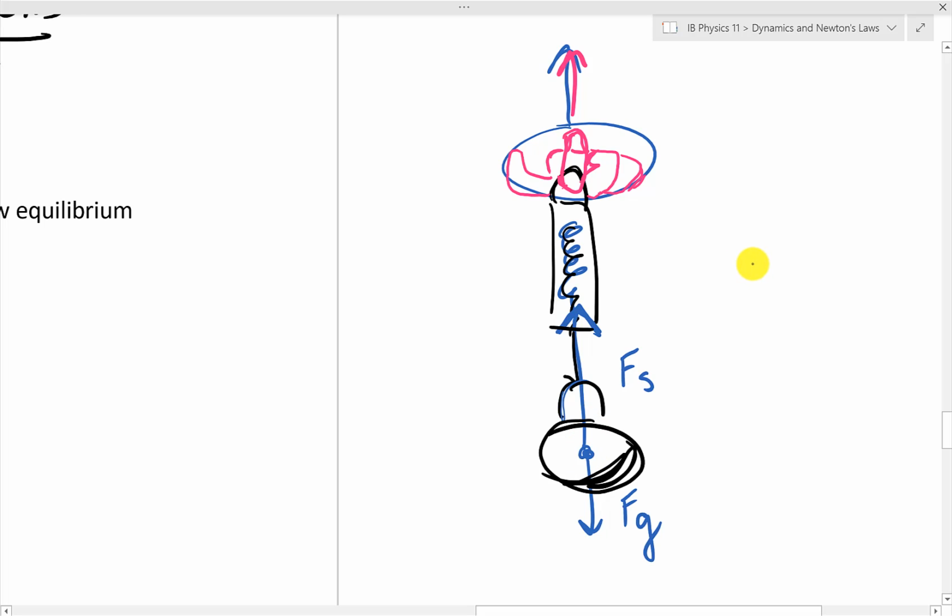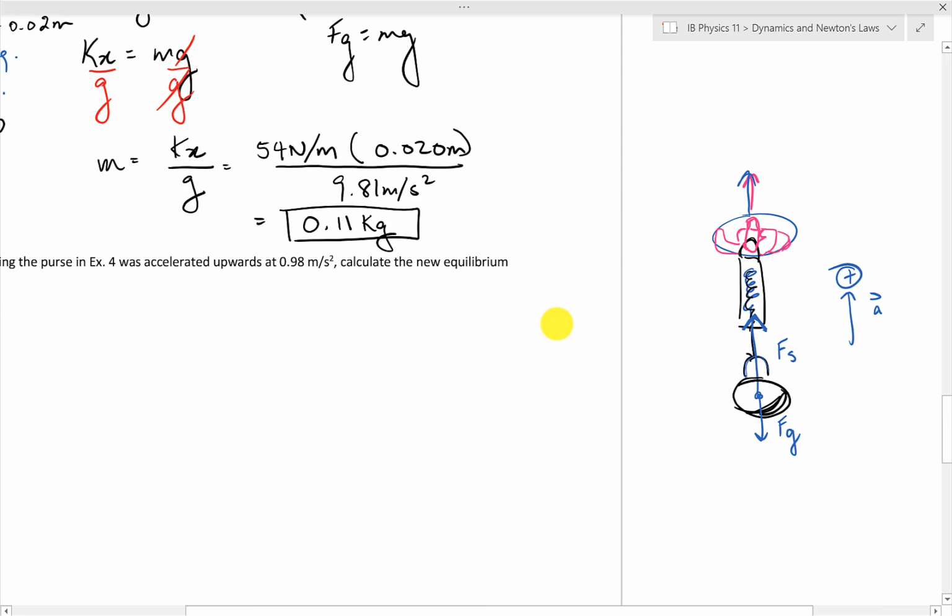And that just shows the fact that we have an upwards acceleration for the purse, and it does make sense because the spring's force has to be larger than the force due to gravity. So that's my free body diagram. Spring force is upwards, force due to gravity is downwards, and Fs is going to be larger than Fg.